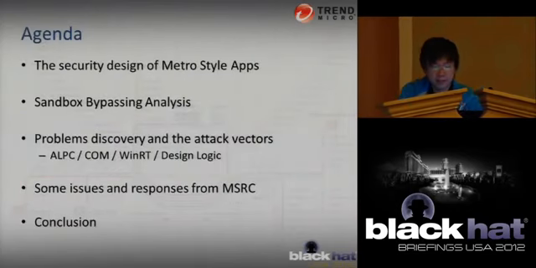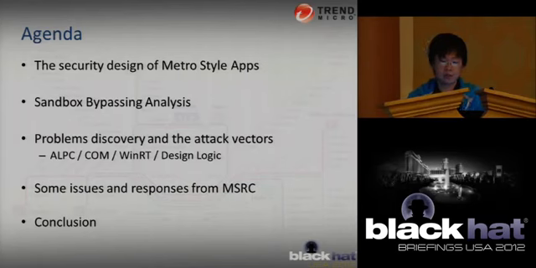Here is the agenda of this talk. In the beginning, we will introduce the security design of Metro-style apps and describe how they protect against a malicious app attack. Second, we will introduce some general concepts for bypassing an application sandbox.